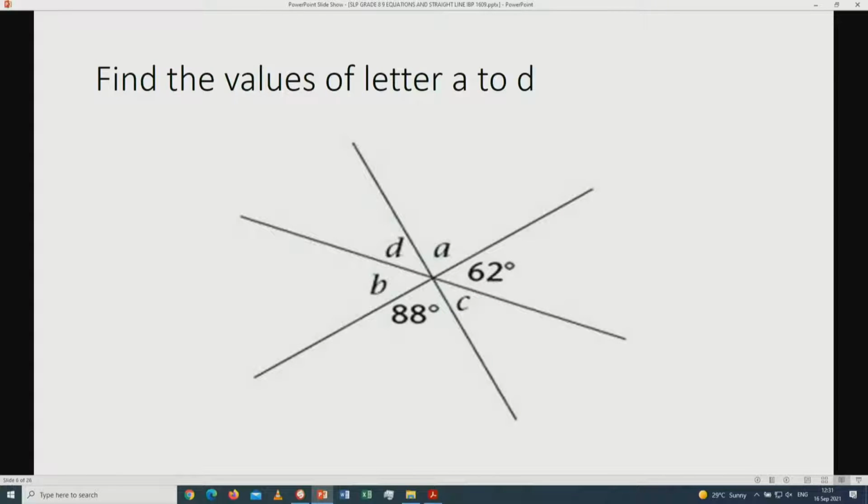Right. Let's do this one with you. Remember, identify what kind of angles you have. Do you have vertically opposite angles? Do you have adjacent angles? Where would you like to start? I give you a chance to work at it.